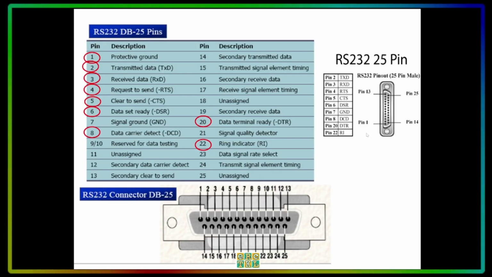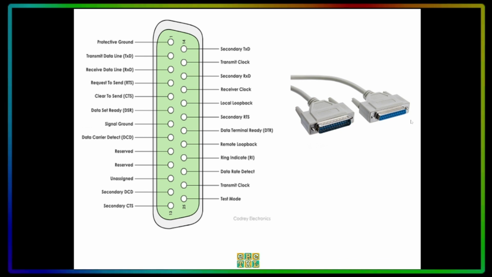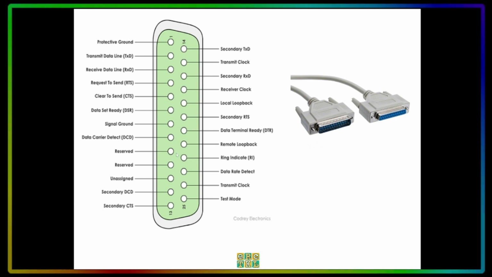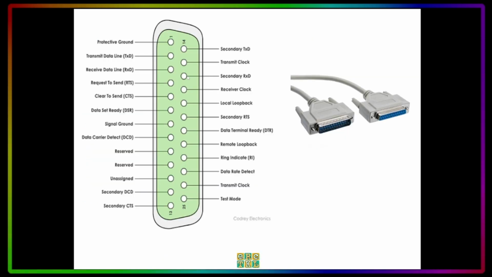You will see that this is the pin out for the male. And you will also see that there are female plugs where you put the male pins. So this is number one. This is another way to represent the same as what we have shown in the previous slide.